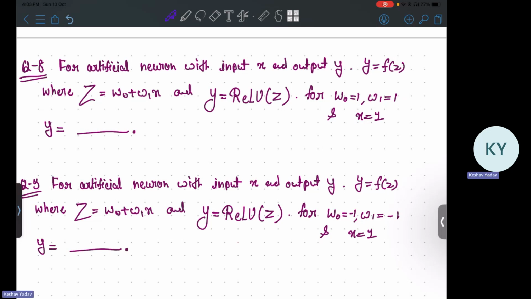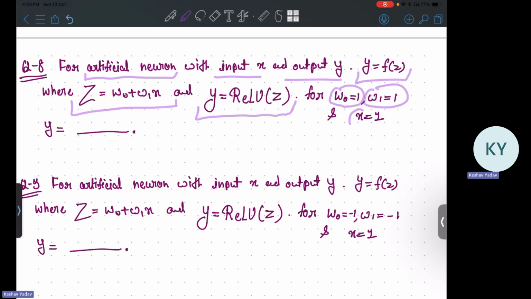Now the next problem. For an artificial neuron with input x, output y, y is f of z, where z is equal to w0 plus w1 x. y is defined as ReLU of z. So what will be the value of y when w naught equal to 1, w1 equal to 1 and x equal to 1?